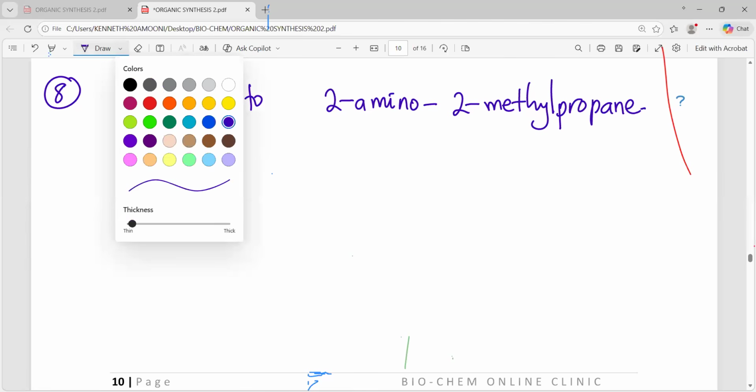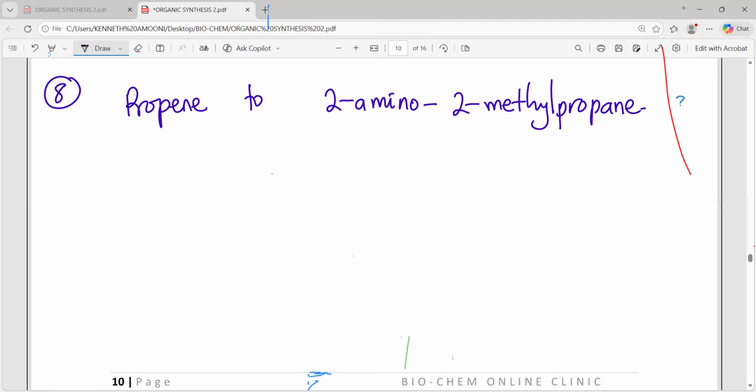2-amino-2-methylpropane. So in this case, we can draw the structures of these so that we compare the two and see what we need to add. The chemical formula of propene is CH3CH=CH2. Then we are moving from that to 2-amino-2-methylpropane.